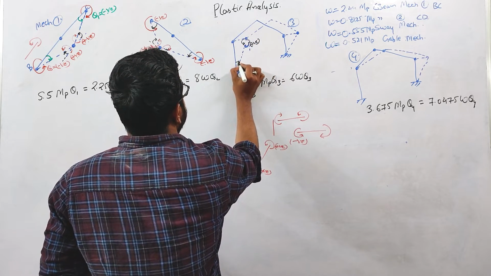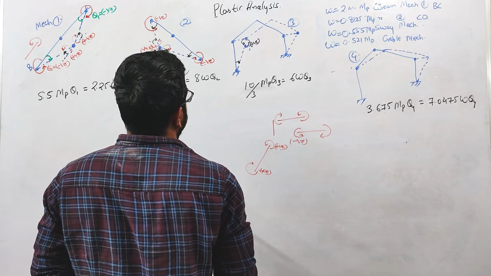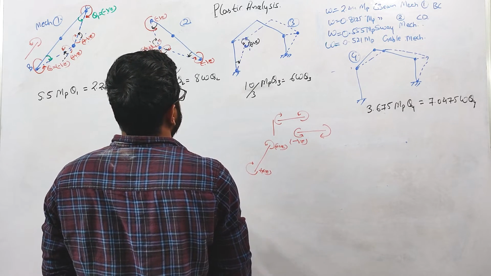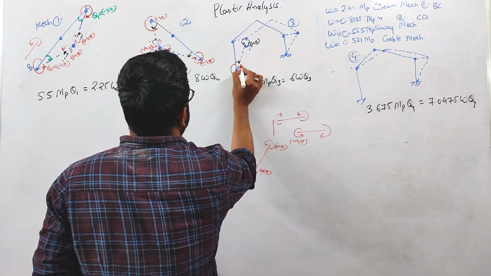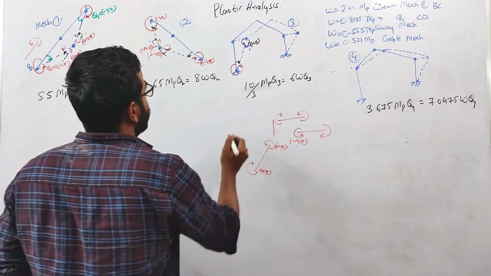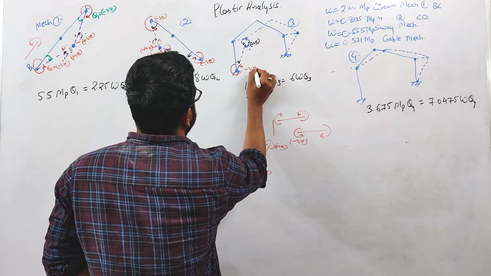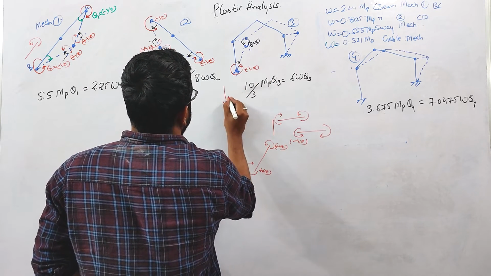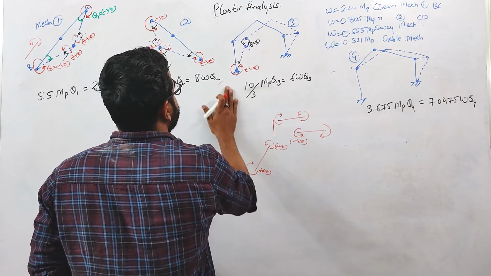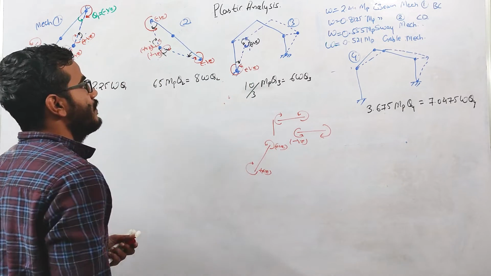This rotation is basically what? Anti-clockwise. So to balance this, the plastic moment will act opposite to this direction of the rotation. So this will be considered negative, because this is producing compression inside and this is producing compression outside. That's why this is positive, this is negative, right?